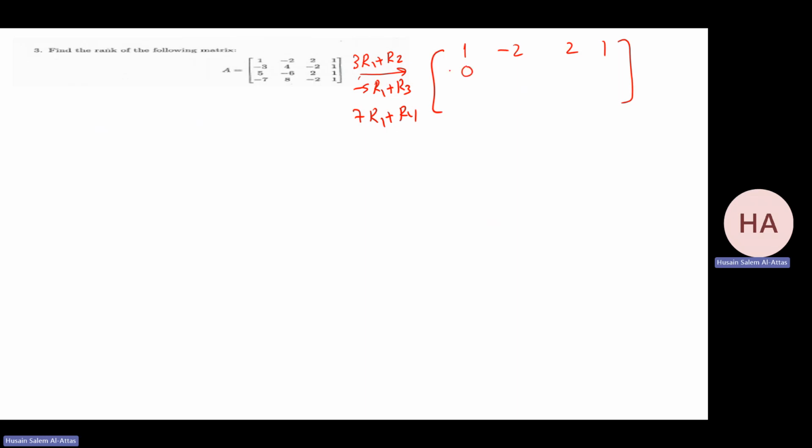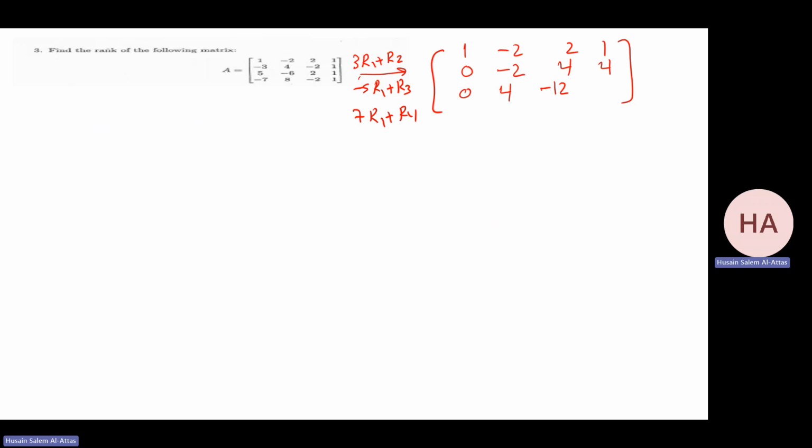Multiply by 3 and add, that will be 0. By 3 and add, that will be minus 2, correct? 3 minus 6 plus 4 minus 2. 6 minus 2, that will be 4. 3 and add, that will be 4. By minus 5 now. Minus 5 and add, that will be 0. Minus 5 gives me 10 minus 6, which is 4. Minus 10 minus 2, minus 12.